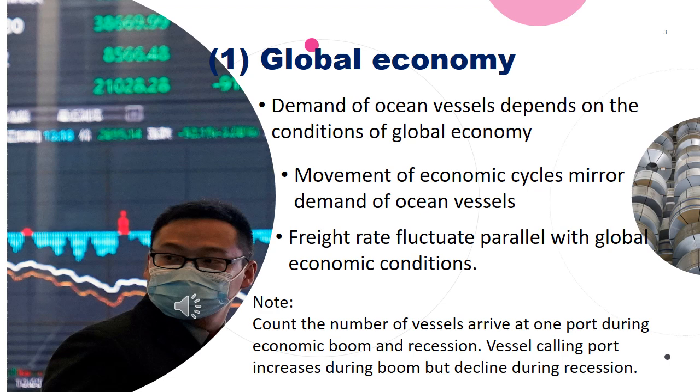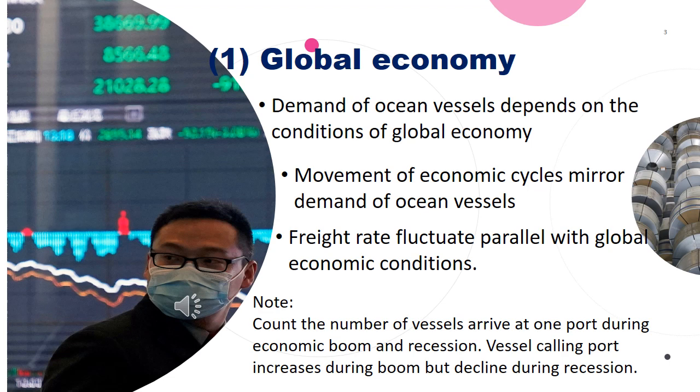Let's look at the first variable. The first variable of demand for maritime transport is the world economy. The most important influence on maritime transportation demand is the world economy.